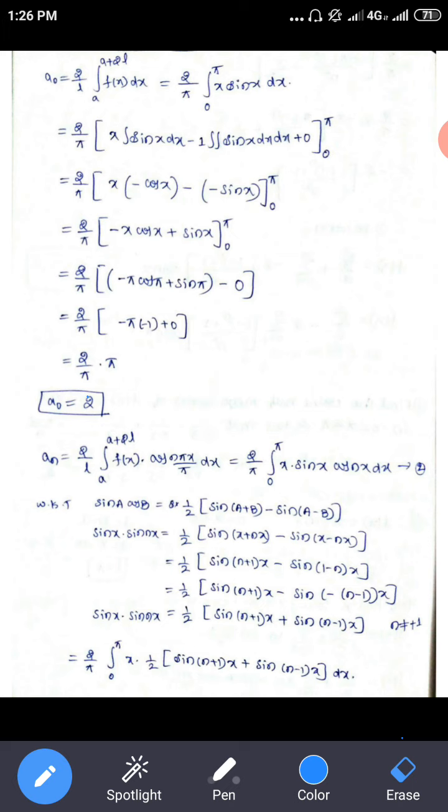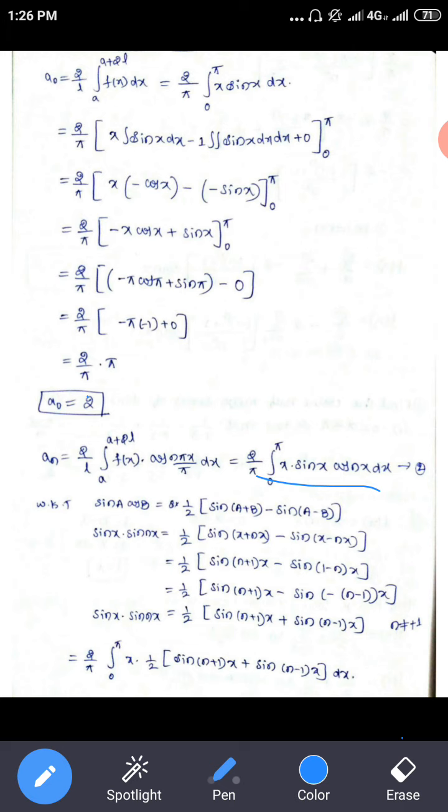So this is how we will get it. Next, an is equal to the same 2 by L, integral of f of x cos n pi x divided by L. L is pi, so it cancels. So 2 by pi, x into sin x into cos of nx dx.